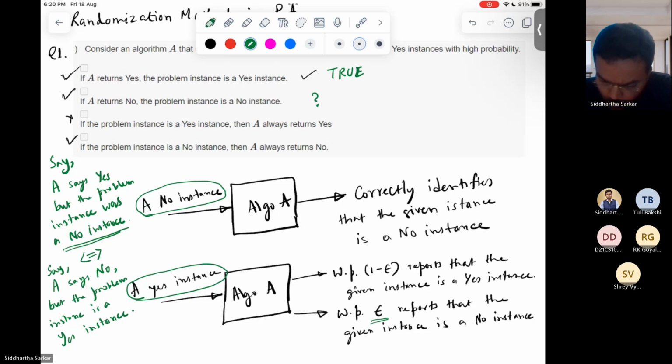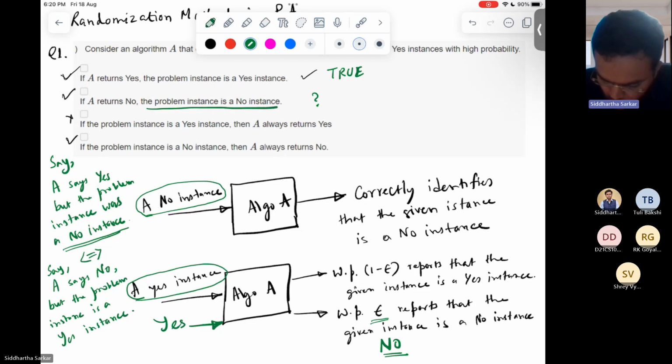In fact, you may observe that the algorithm might return no. So the algorithm might say no, but that no may be corresponding to some yes instance. Yes, that's possible. So if the algorithm is saying no, there is no guarantee that the problem instance is a no instance. So this is not true. Okay.